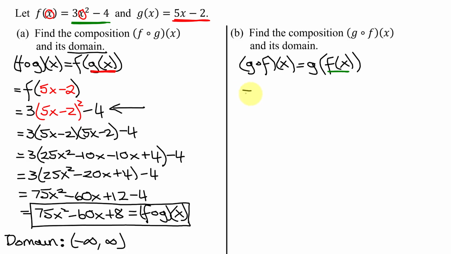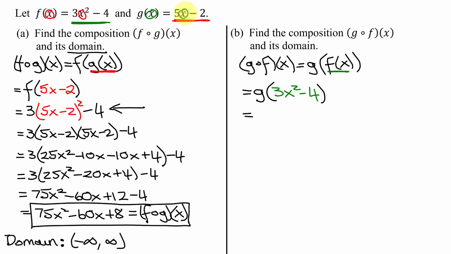So that is going to give me g at, instead of f of x, I'm going to put 3x squared minus 4. Now to evaluate this expression, remember these x's are just placeholders. So I need to replace both of these x's with 3x squared minus 4.